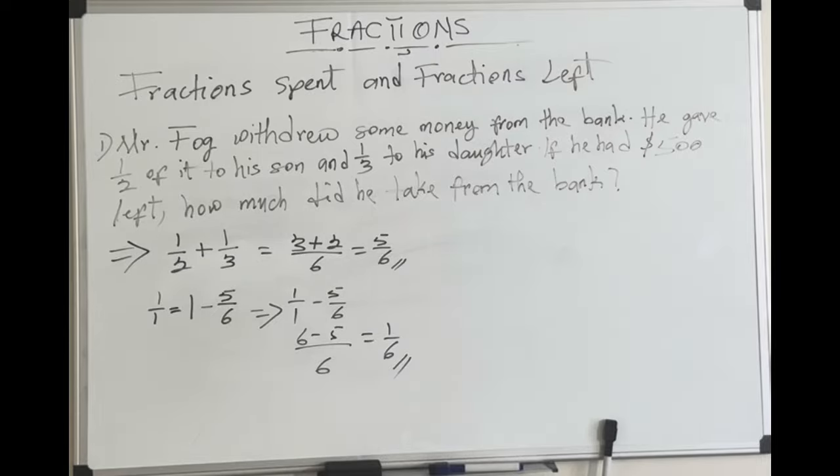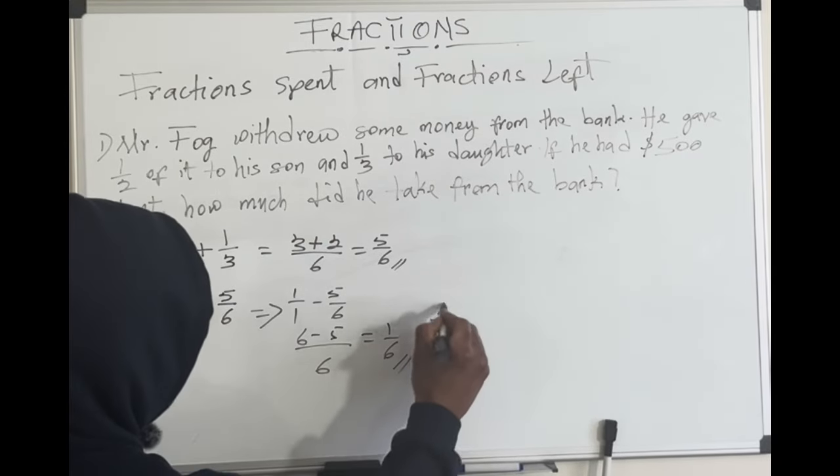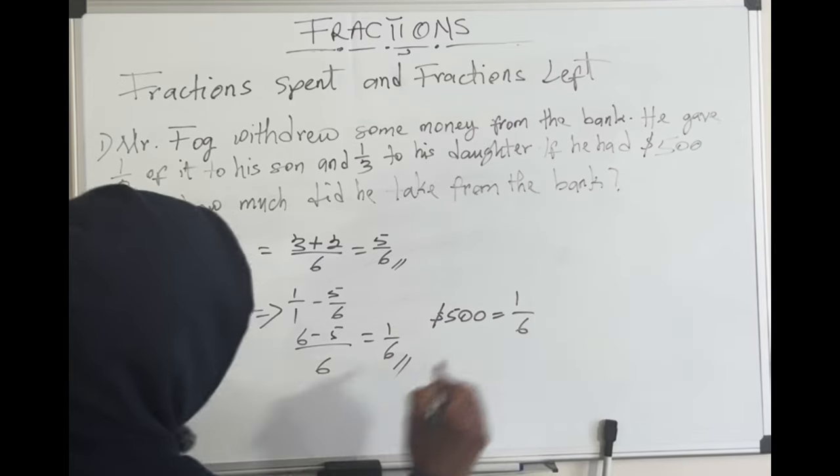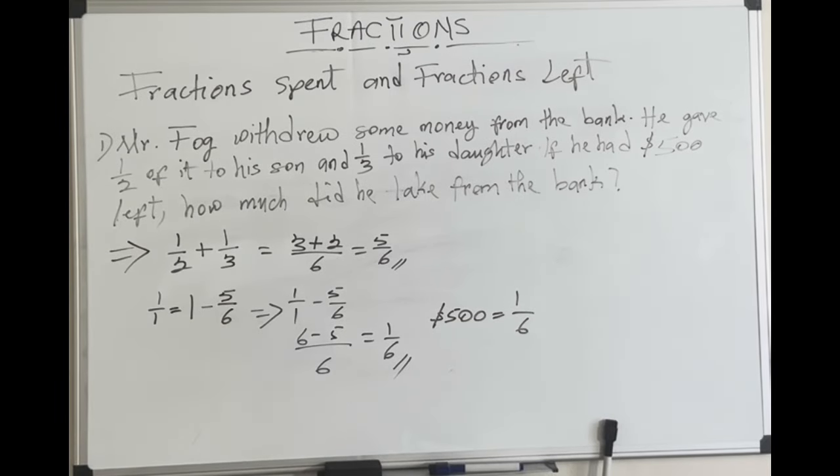Now we know that $500 is also 1 over 6 as a fraction. Since we have it this way, it's very easy for us to work our way out to know the total money he took from the bank.